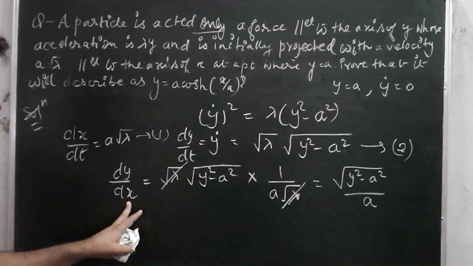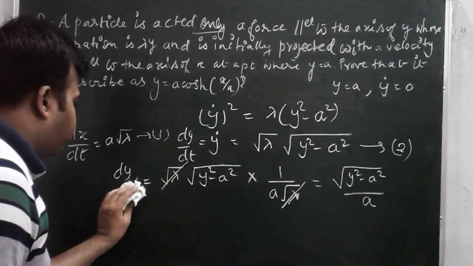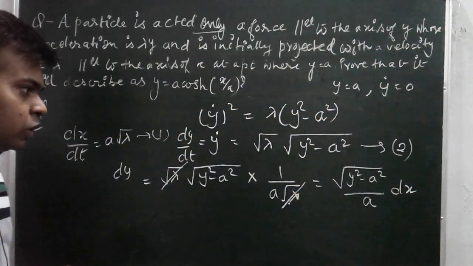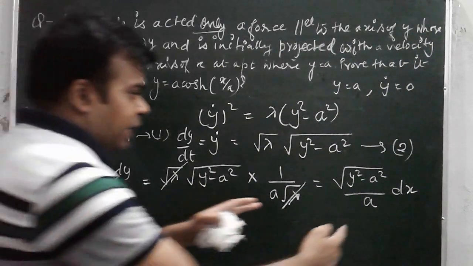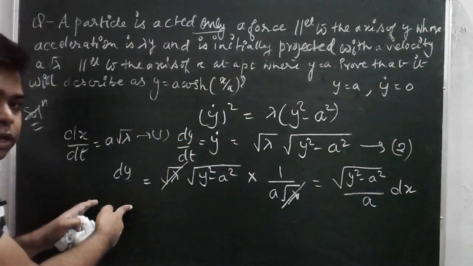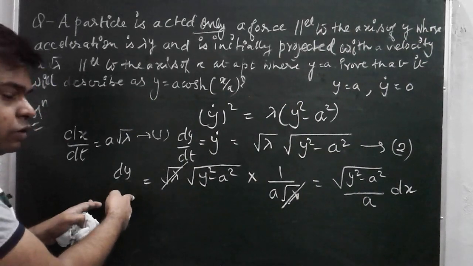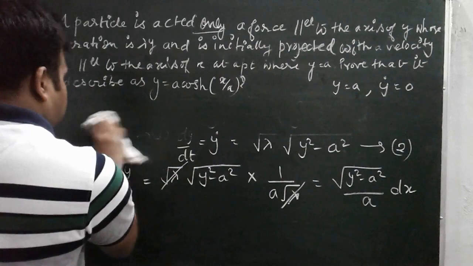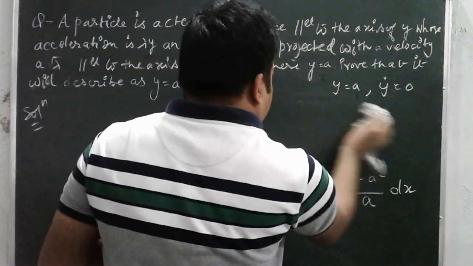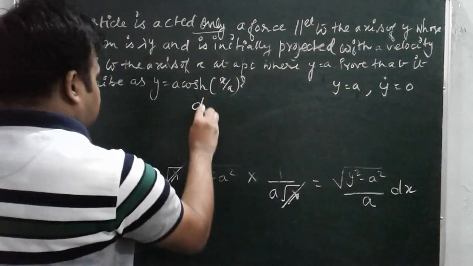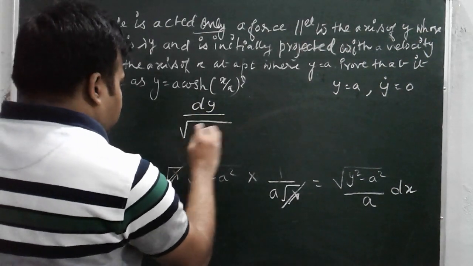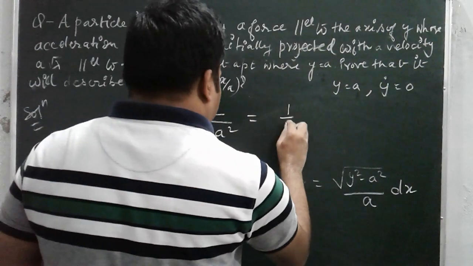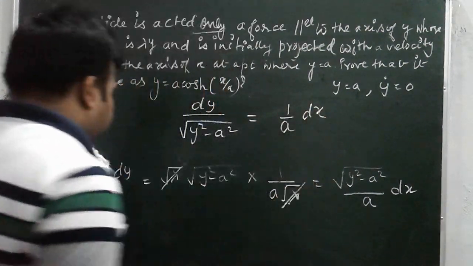Now if we take dx to the other side, and take this part into the denominator of the left hand side, we get dy upon under root y square minus a square equals 1 upon a dx.